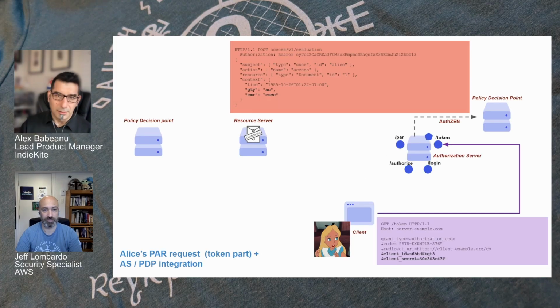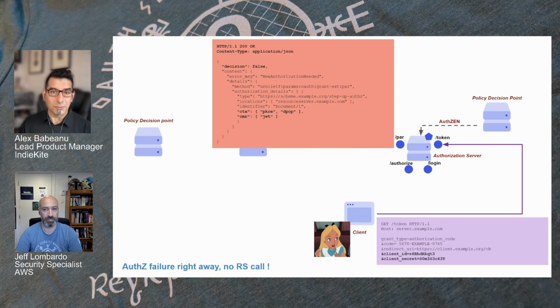If we rewind to the point when the client first requested the token, the very first time when it had just authenticated with the secret, at that point the AS could have made a request via AuthZ to the PDP, packaging the AuthZ request itself, and right away the AuthZ response would have told the AS that the authorization was insufficient. So the AS could have actually failed early and not had to hit the resource server right away. If that integration was also in place, we could really smooth things out quite a lot.